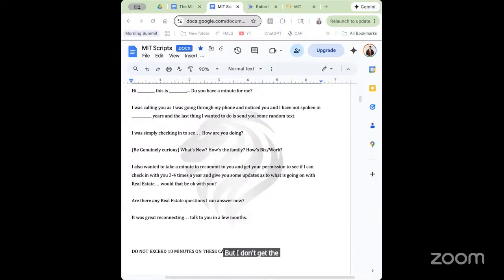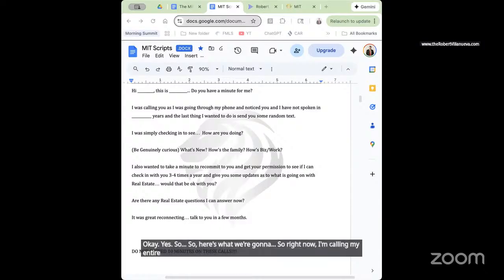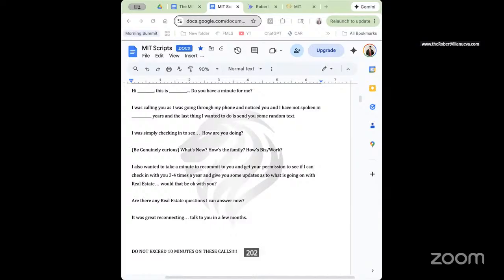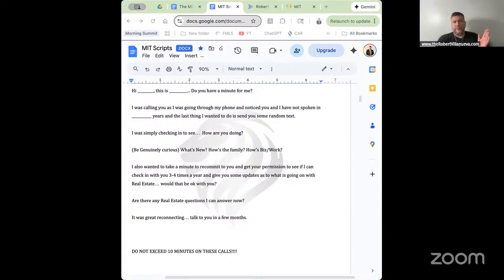So here's what we're going to do. Right now I'm calling my entire database and I'm giving them the yearly update. The yearly update is from January 1st of 2025 to December 31st, 2025. The market went down by 8%. So I'm telling 100%, I'm telling 432 people about the yearly updates.